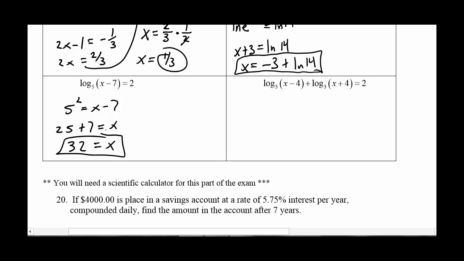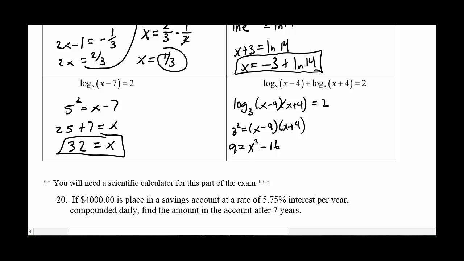All right, last but not least, I want to combine them into a single log statement. So log base 3 of x minus 4 times x plus 4 equals 2. Then we'll convert to exponent form, so that's 3 squared equals x minus 4, x plus 4. Well, that's 9 equals x squared minus 16.